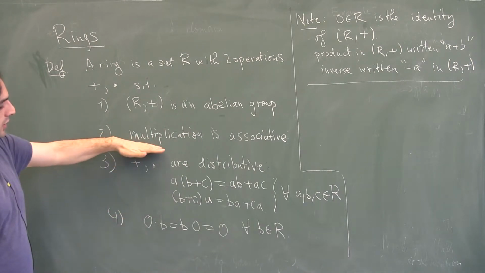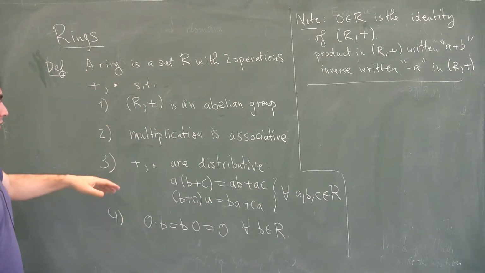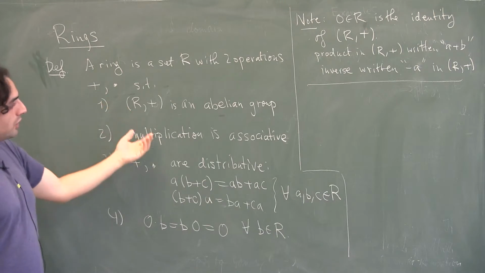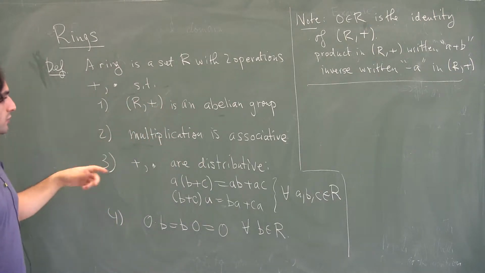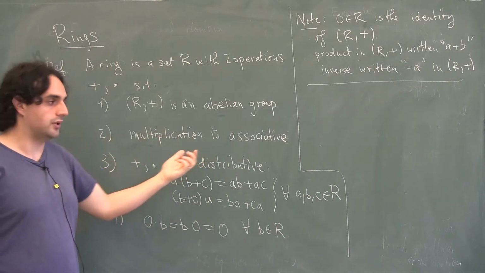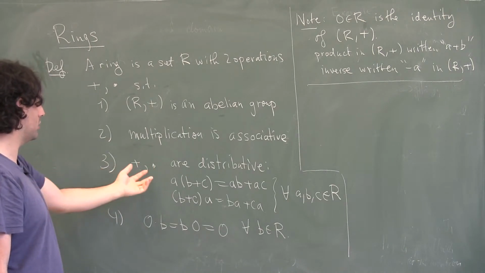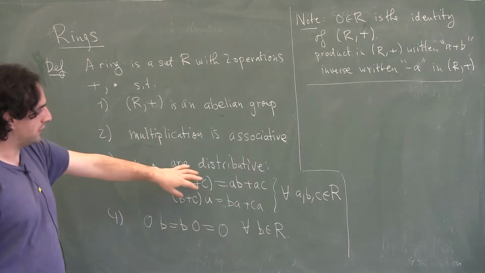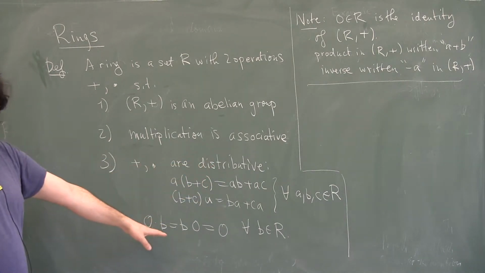We require multiplication is associative, as for the addition, but we do not require that multiplicative inverses exist. We do not require that multiplication is commutative. We do require that addition and multiplication are related in this distributive property, and that 0 times any element is 0.